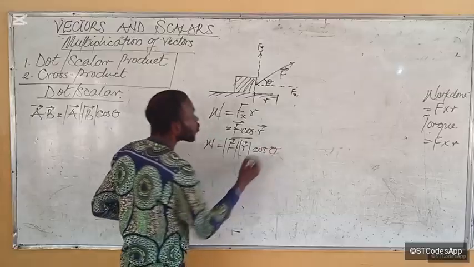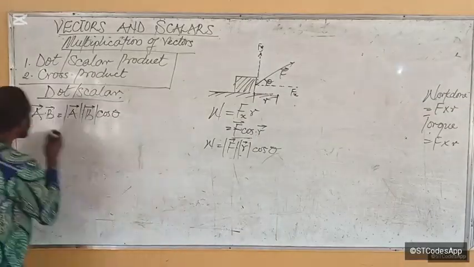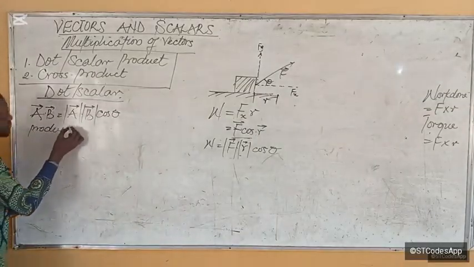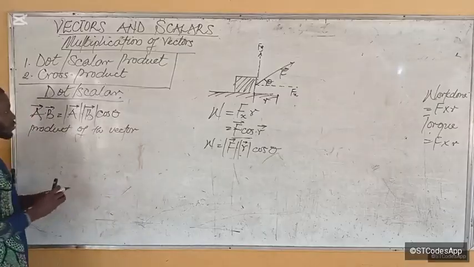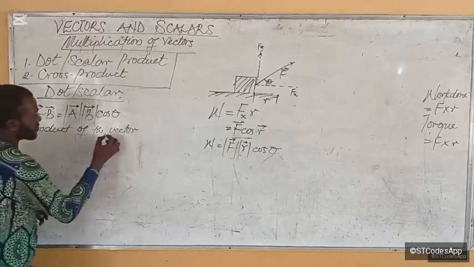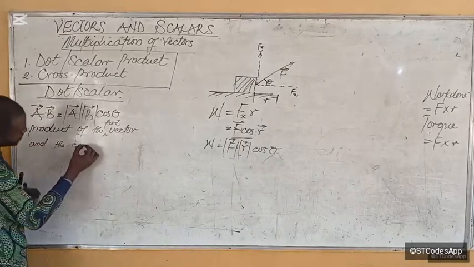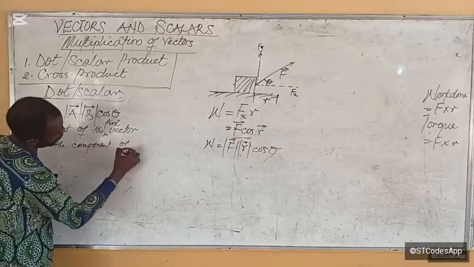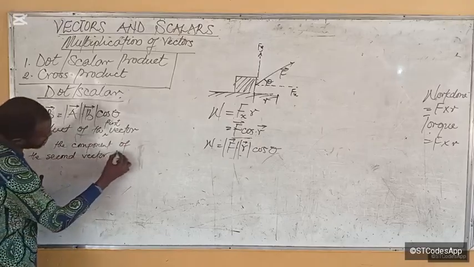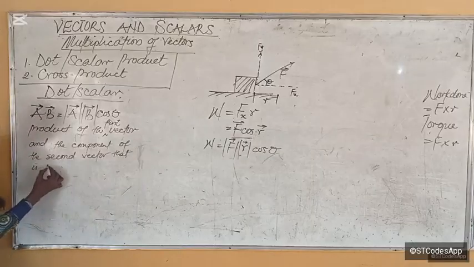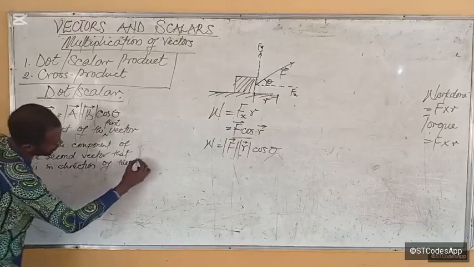cos theta. So how do we now define scalar product? Then we say that scalar product is the product of the first vector and the component of the second vector that is in direction of the first.